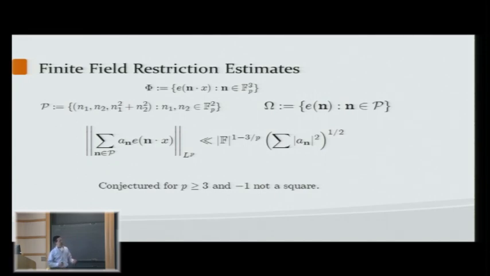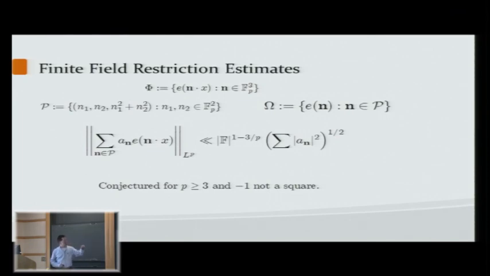Typically you have something like e to the some polynomial, and you want to prove that this is small. But what we're trying to do here is take an exponential sum which is supported on some somewhat small set, and prove that there's a lot of cancellation in this exponential sum for arbitrary coefficients. So that's another way of looking at this.